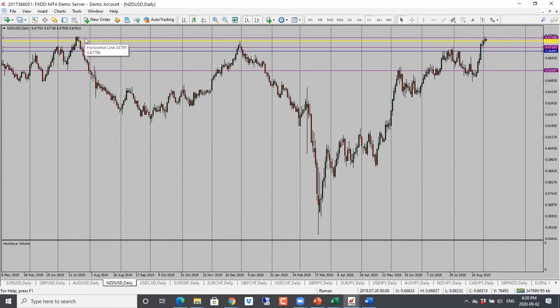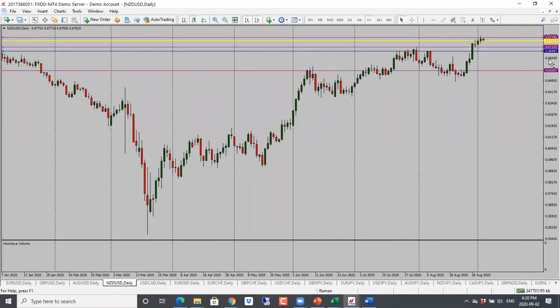This is a very strong resistance level. I would expect a reaction here. I am looking for price to drop from here, but we haven't actually seen a bearish candle yet, so just watch out. Bias here is neutral to bearish for New Zealand dollar.